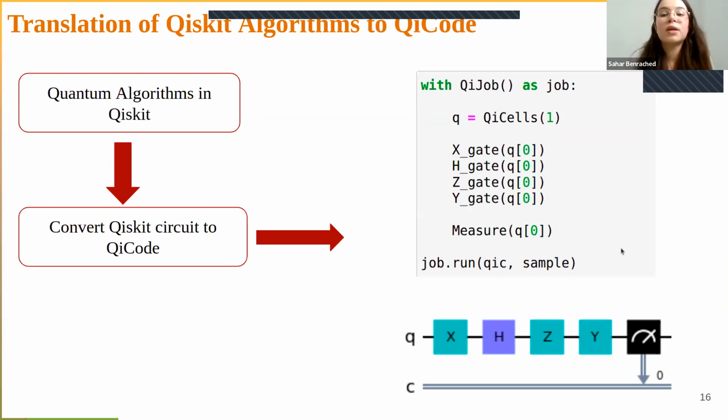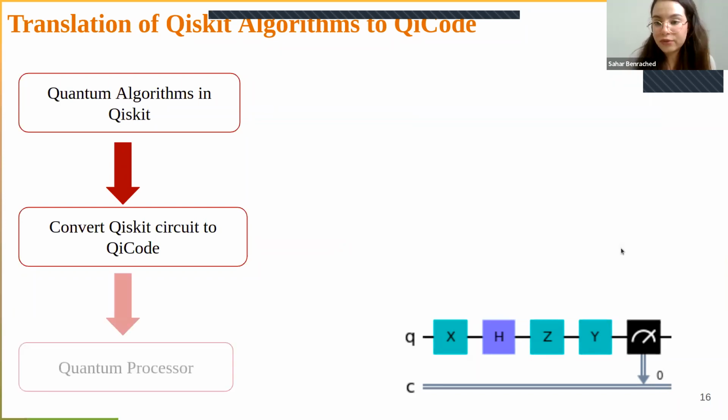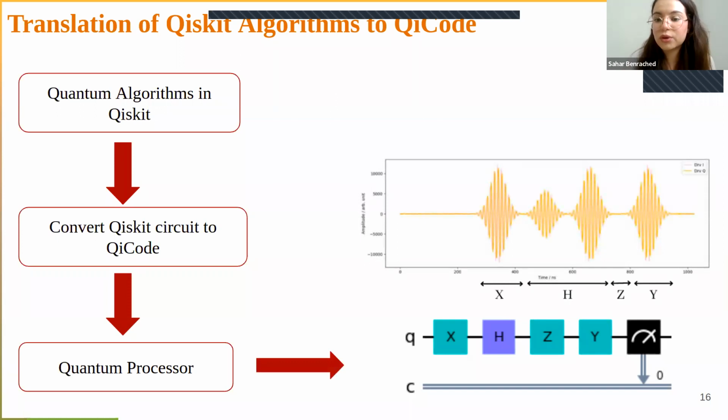So since now we have the sequence in QiCode, this would be directly submitted to the QiController. And from the QiController, this is the sequence of signals that we create. It is a sequence of signals that implements the same order, and of course, implements the gates that we have created at the level of the QI job.